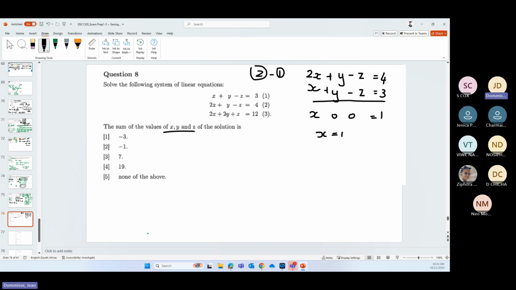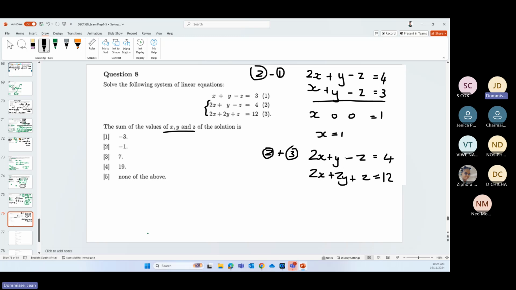Then I would have said, let's look at equation 2 and 3. And we will just add the 2. So equation 2 plus equation 3. That is 2x plus y minus z is equal to 4. 2x plus 2y plus z is equal to 12.